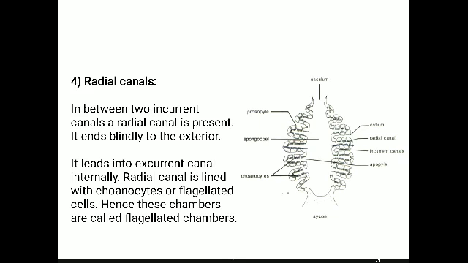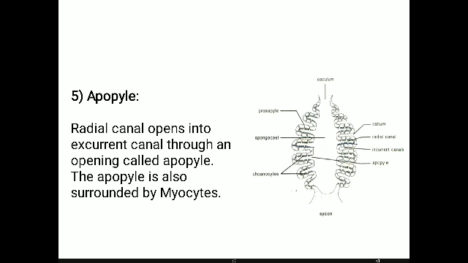Here you can see each radial canal folded blindly exterior, whereas the incurrent canal is folded blindly interior, and this is exterior, right? Each radial canal leads to the excurrent canal internally. Radial canal is usually lined by choanocytes, flagellated choanocytes. Hence, these chambers are called flagellated chambers.